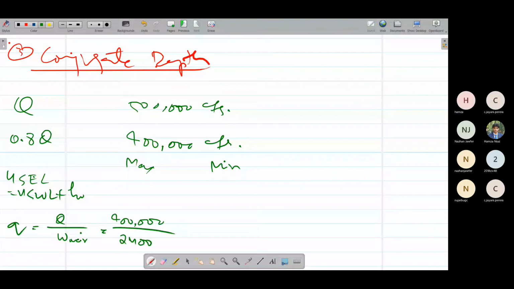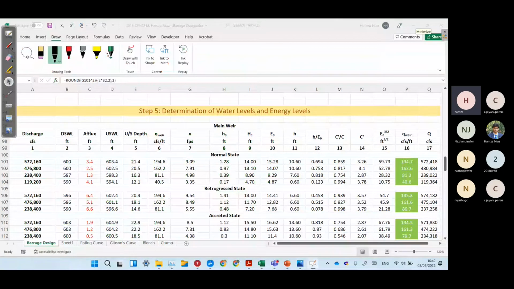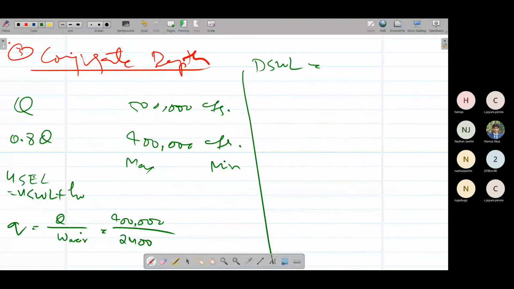Using this q value, we can calculate the downstream water level. Suppose we have downstream water level as 600 feet or anything, we can assume. We have already calculated this one.